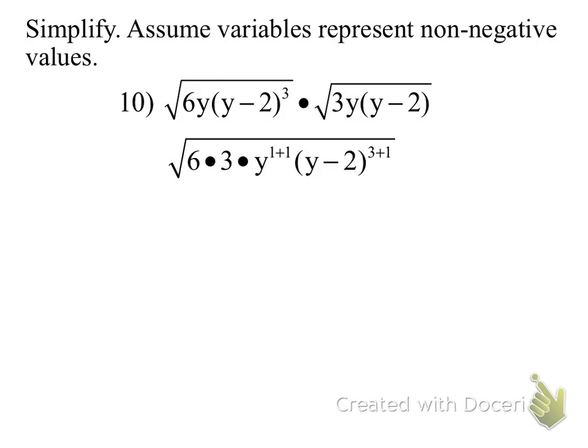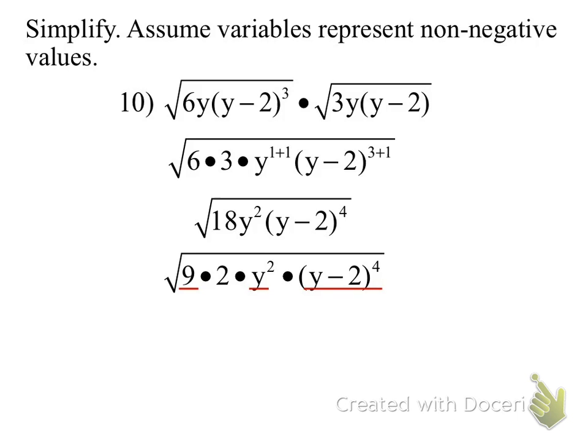Here I would multiply the ones outside the binomial first. And look, your y minus 2 times y minus 2 combine because it's the same base. So y minus 2 to the third times y minus 2 will be y minus 2 to the fourth. Multiply everything outside the binomial, and then you can start breaking that down. 18 is 9 and 2.